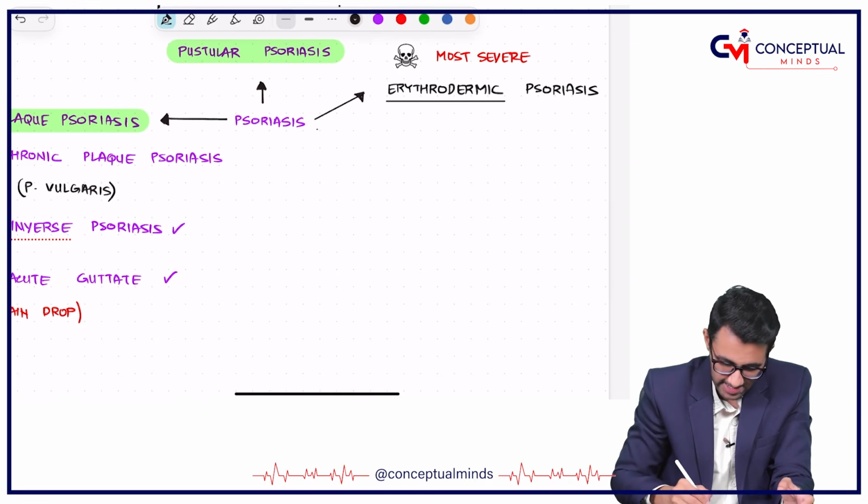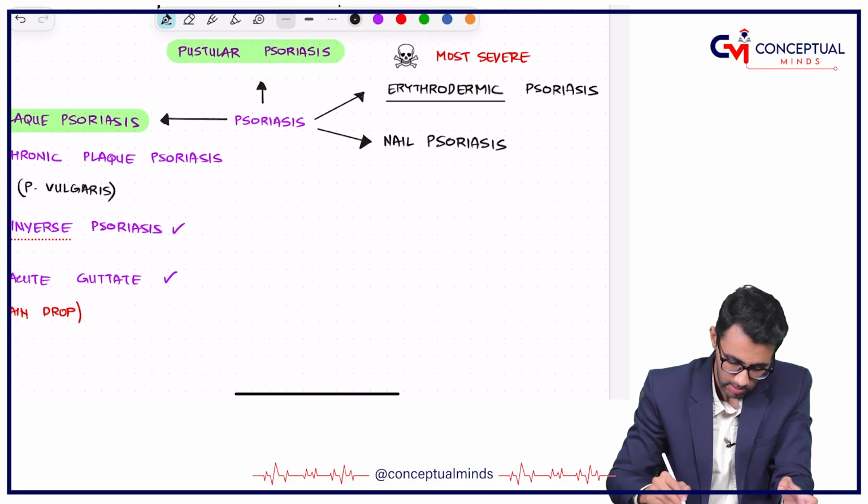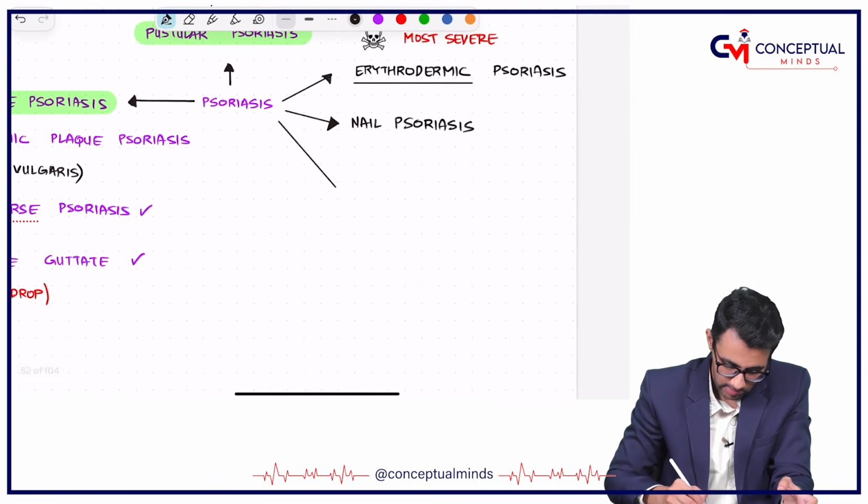The next one in the list is about the nail findings. It is nail psoriasis. And the last one is psoriatic arthritis.